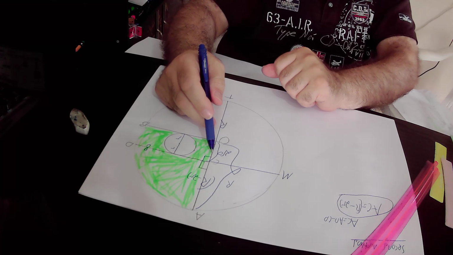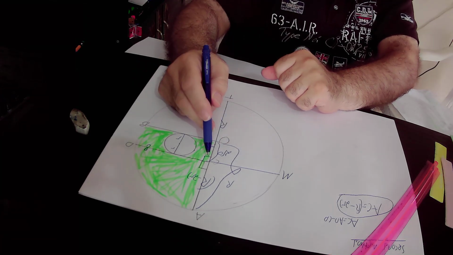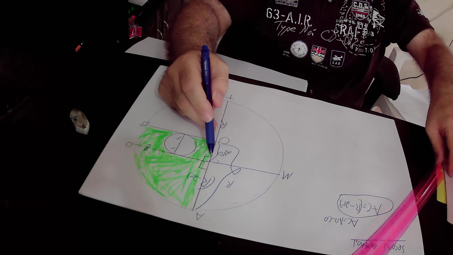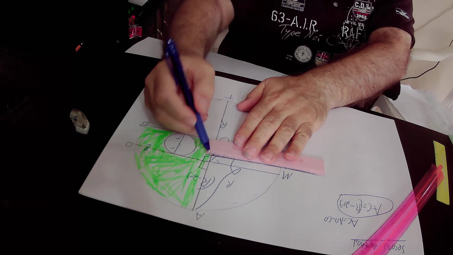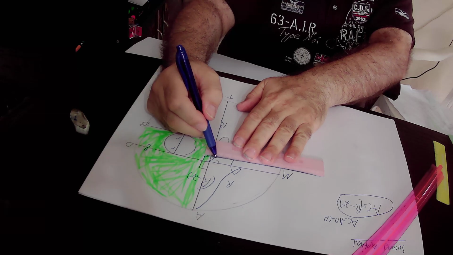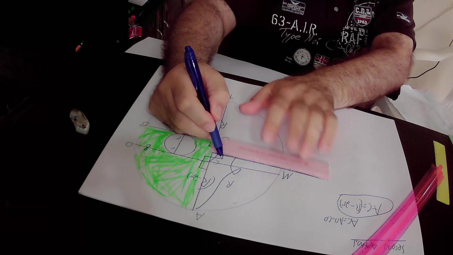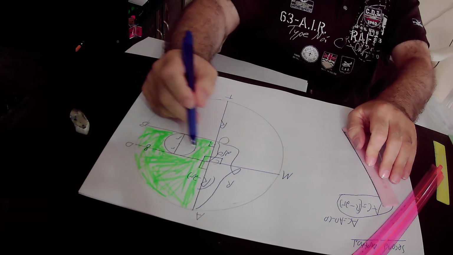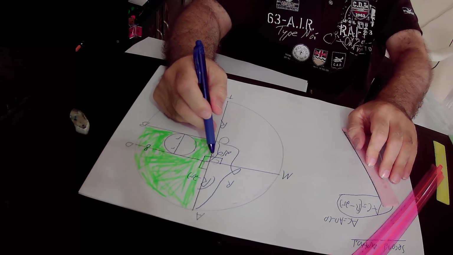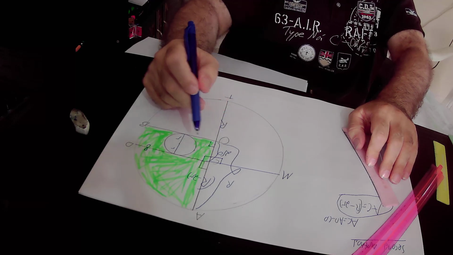Which angles do we have at the lower side of DM at point C? We have this angle that is equal to 90 degrees. Therefore, the missing angle must also be equal to 90 degrees in order to complete the sum of the angles on the lower side of DM at point C to 180 degrees. This angle must also be equal to 90 degrees.